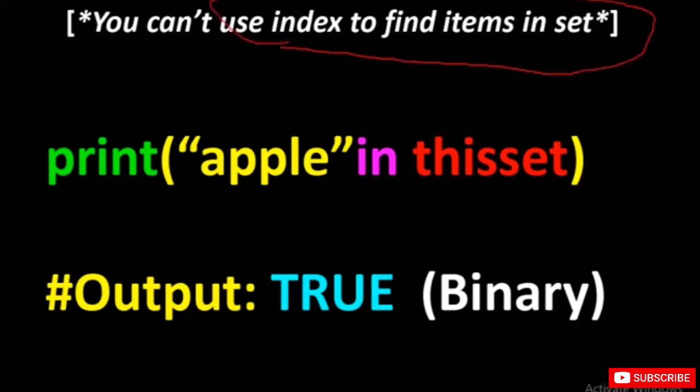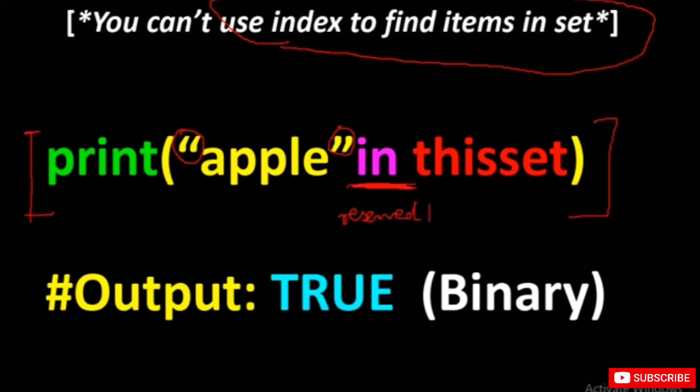Okay, so how to call it and how to find that something is in the set or not. I've used the example here. You can see print apple using the apostrophe in this set. Well, in is a Python reserved keyword, remember?